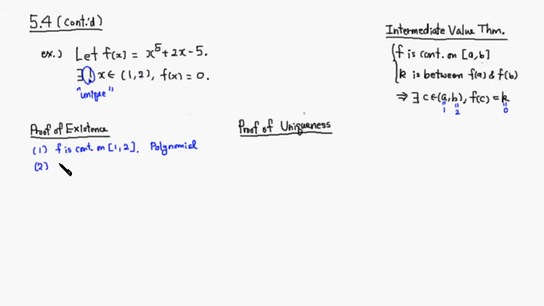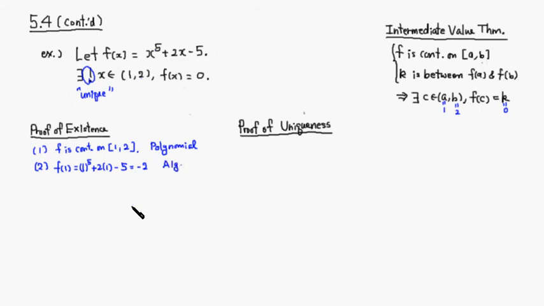So let's compute f(1). Plugging in 1, it's 1 to the 5th power plus 2 times 1 minus 5, which is 1 plus 2 is 3, minus 5 is negative 2. This is simply doing algebra.